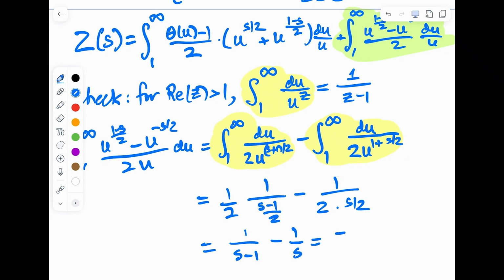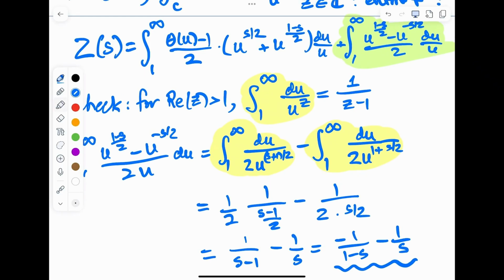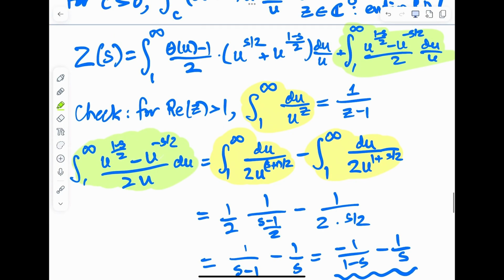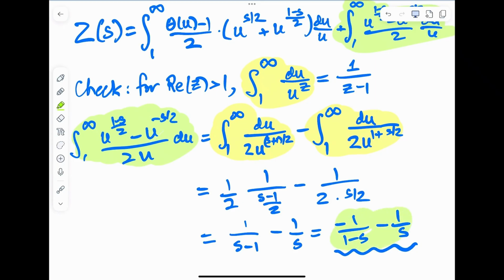And if I negate the first term upstairs and downstairs, then I make the whole thing look more symmetric. So this is what that middle integral in green, the green thing that we had left over at the top of the slide, is. For the real part bigger than 1, those exponents, s plus 1 over 2 and 1 plus s halves, have real part bigger than 1. So these calculations are completely legit. And once I've made them, fantastic. This expression now makes sense for all s.